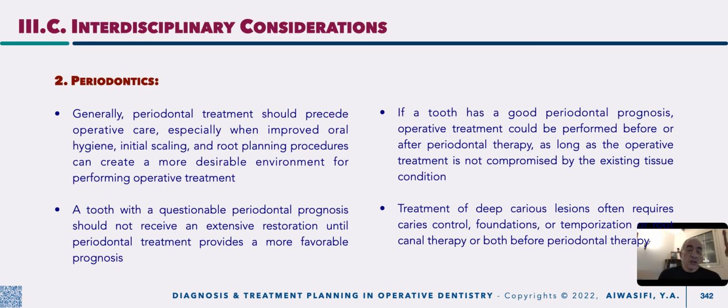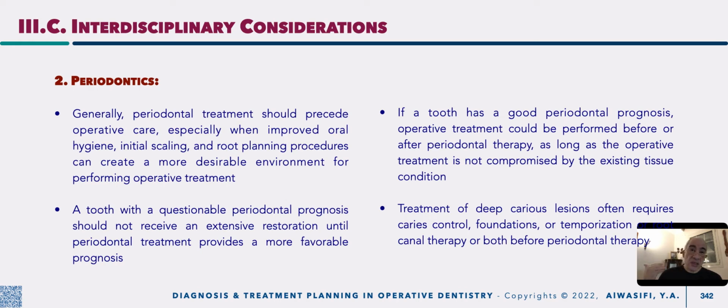But the major relation between operative and other disciplines is between operative and periodontics, and we already gave an idea about it in previous episodes. Generally, periodontal treatment should precede operative care, should precede all disciplines' care, especially when improved oral hygiene, including initial scaling and root planing procedures, can create a more desirable environment for performing operative treatment.